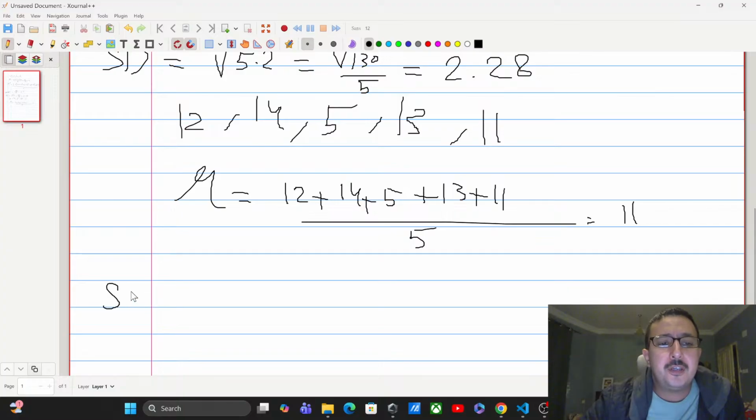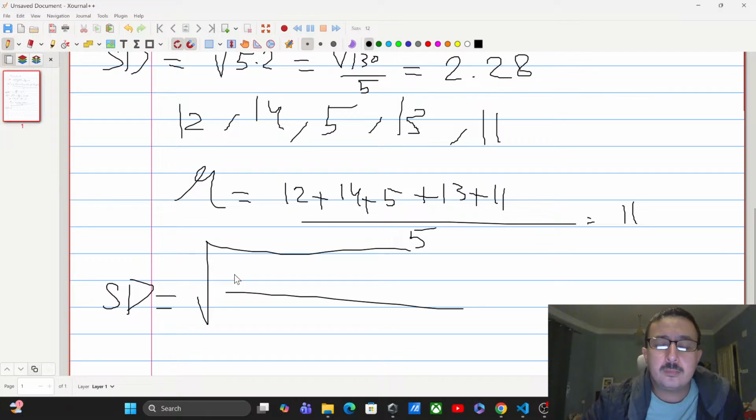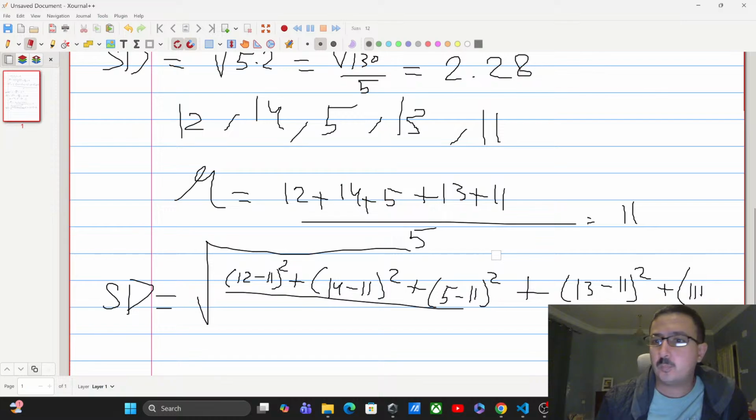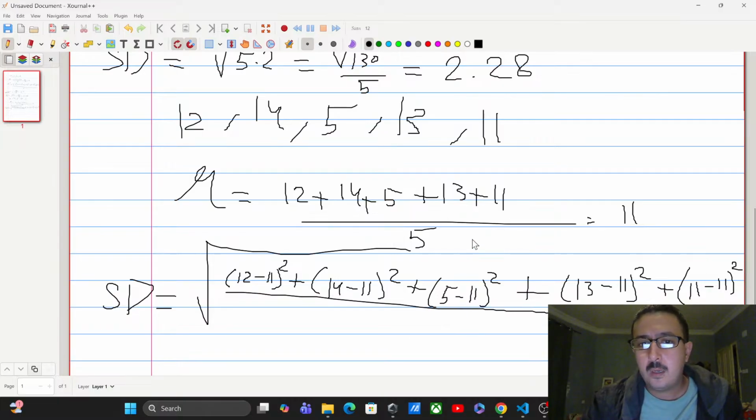We could do standard deviation like this. 12 minus 11, which is the mean, squared, plus 14 minus 11 squared, plus 5 minus 11 squared, plus 13 minus 11 squared, plus 11 minus 11 squared, all over 5. I got 5 data sets.